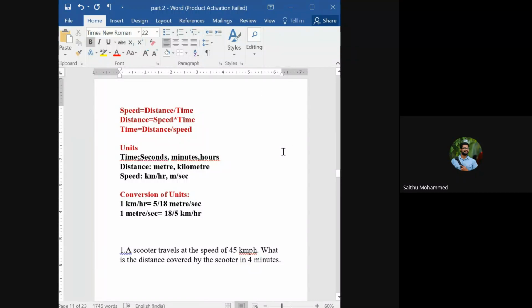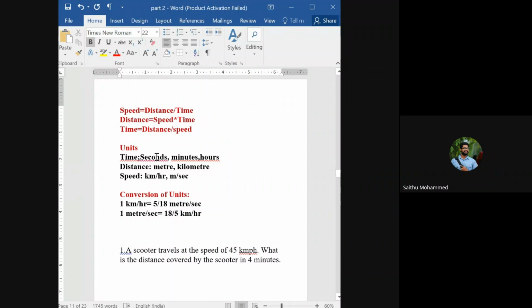I don't have the time to take the paint window and show you. So if you follow that Y, it will be very easy for you to recollect it. So speed equals distance by time, distance equals speed into time, and time equals distance by speed. This is the formula that you have to remember.